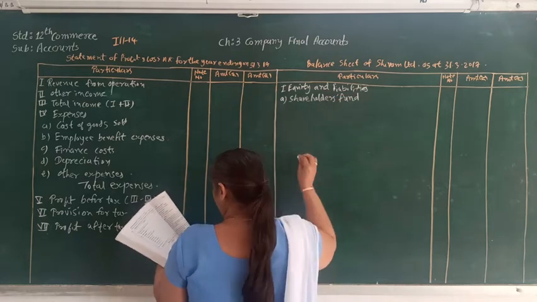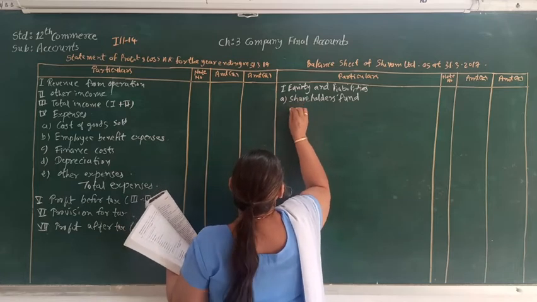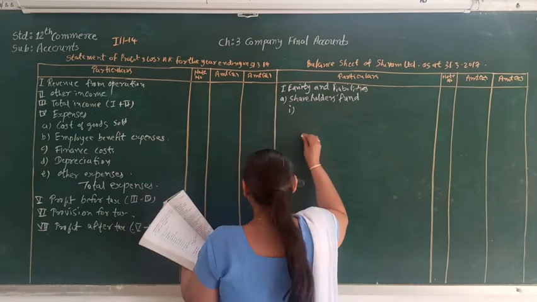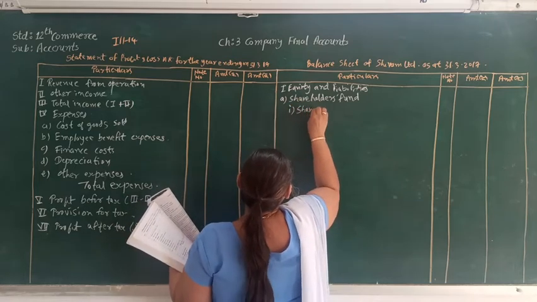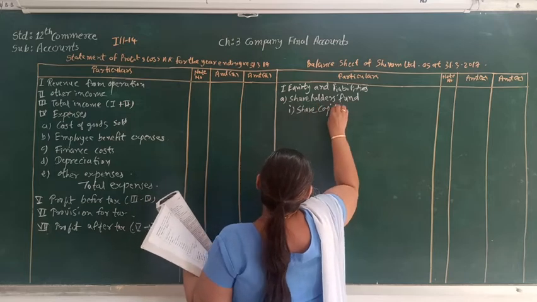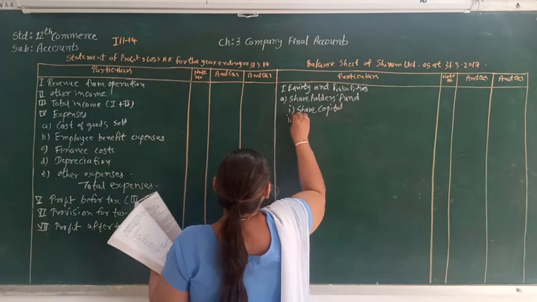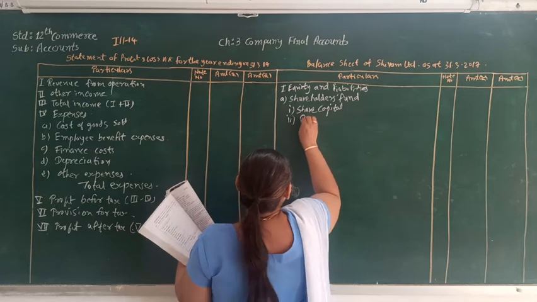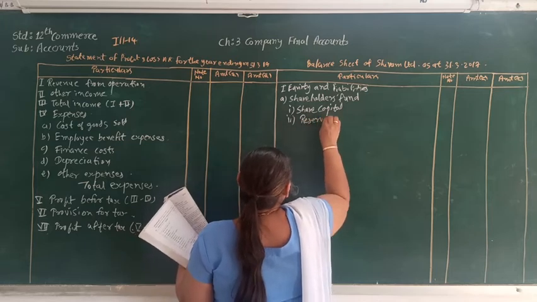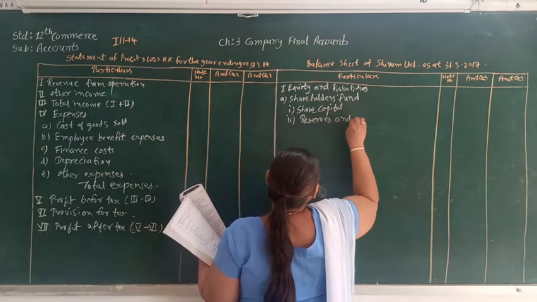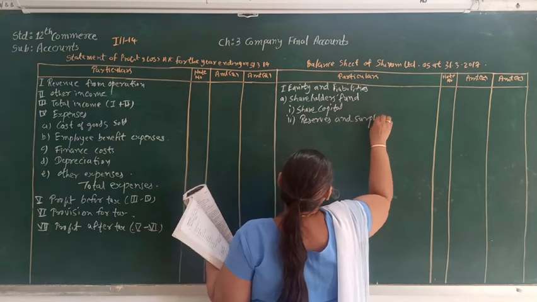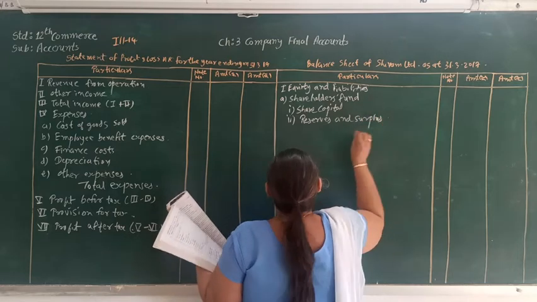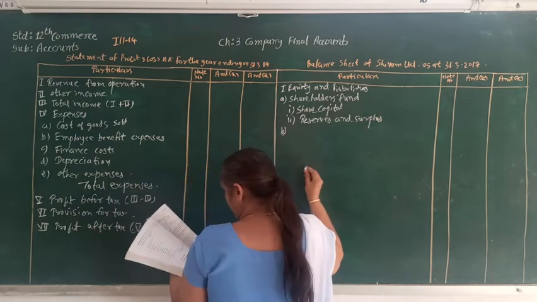In the shareholders' fund, the very first thing given to us is share capital, and the second one is reserve and surplus. Then the second heading is non-current liability.